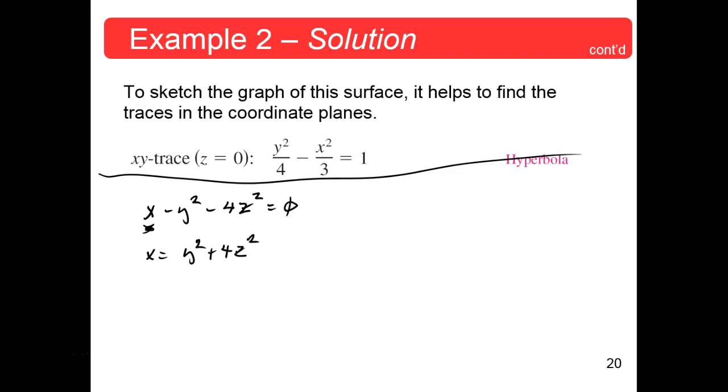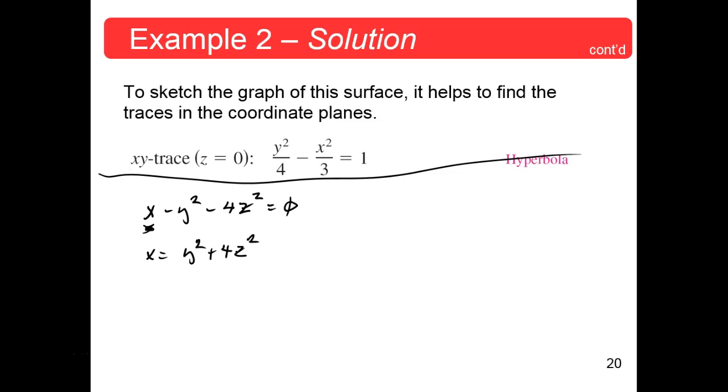Isolate the linear variable. Got it? Now, one observation. Plus in between here tells me x can never be negative, because this is always positive, that's always positive, and the sum of two positives is positive.